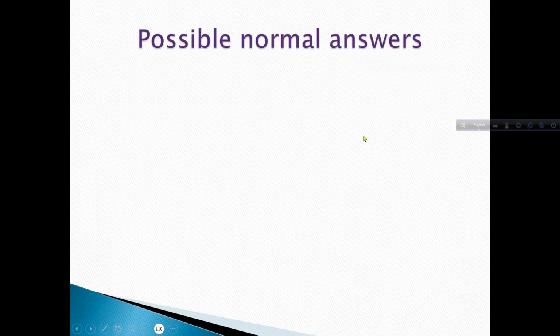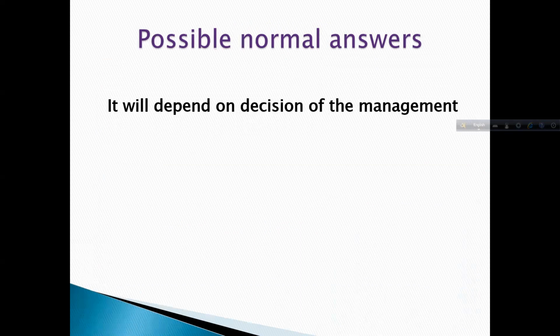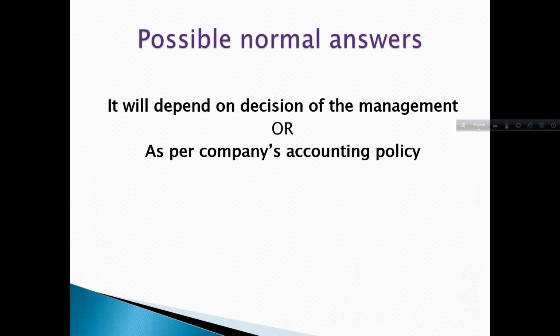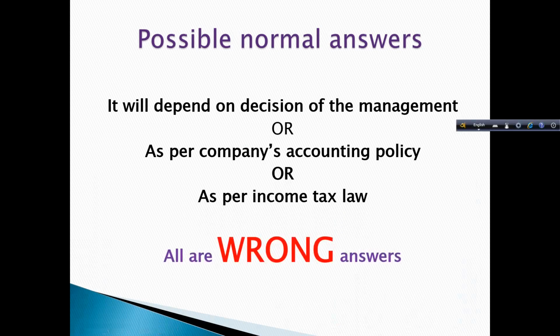If you ask someone how you would select your depreciation method, you will possibly get answers like: it depends on the decision of the management, or as per the company's accounting policy, or as per income tax law, or any depreciation method we can choose, like the straight line method, reducing balance method, and so on. But all these answers are wrong.